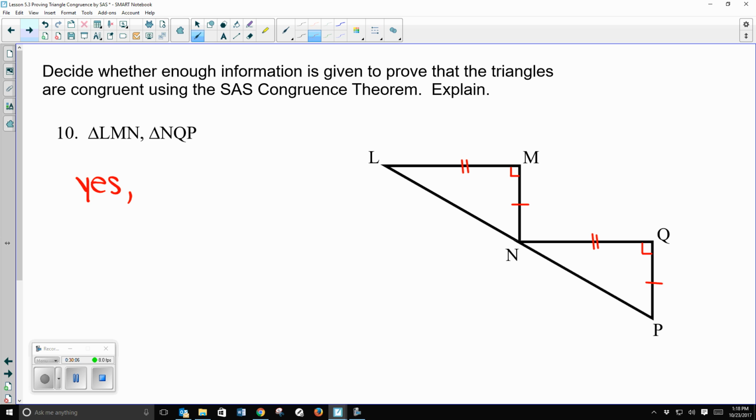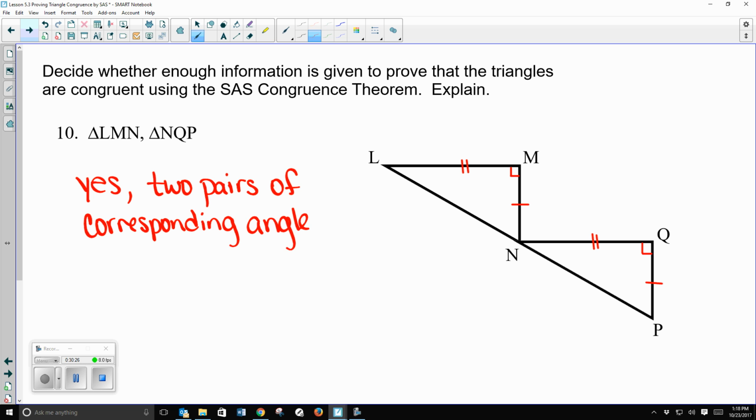The reason, explain. Two pairs of corresponding angles congruent. Let's shorten this up.